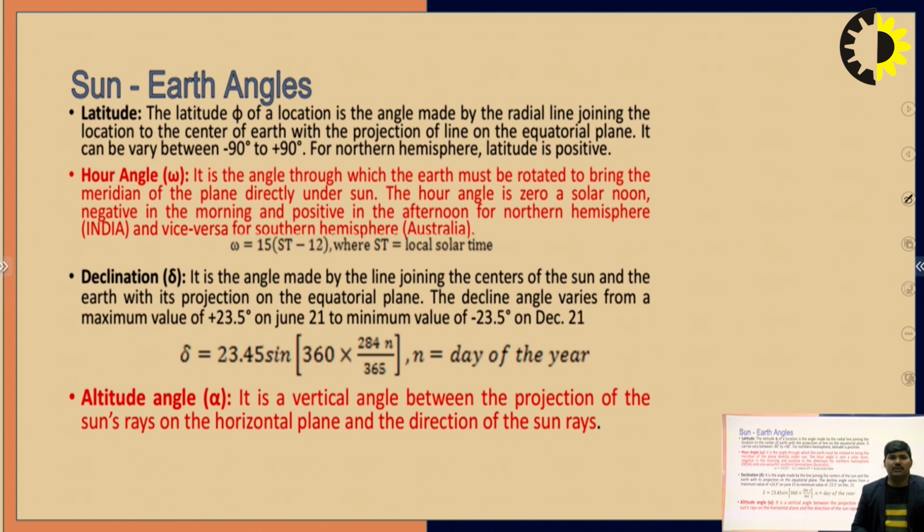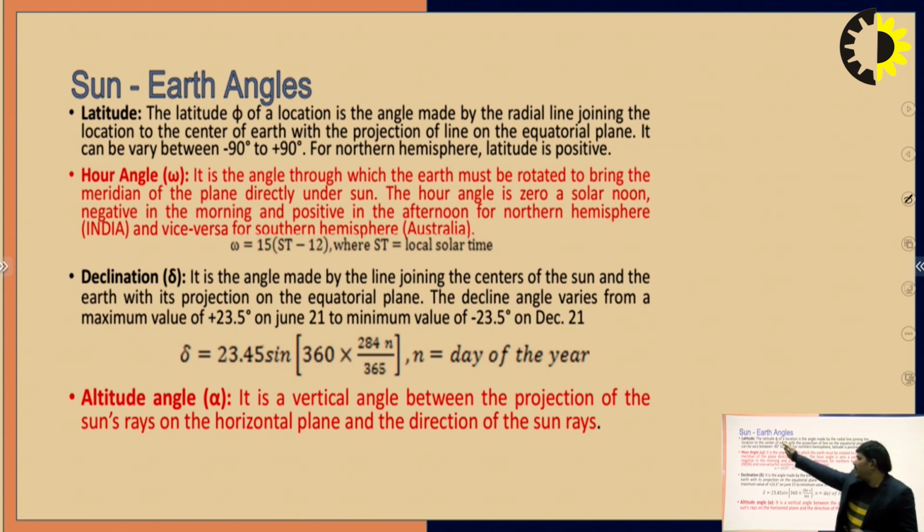So we need to find the sun and Earth angles. The latitude is there, declination is there, and the hour angle and altitude angle are required. The latitude is denoted by phi.